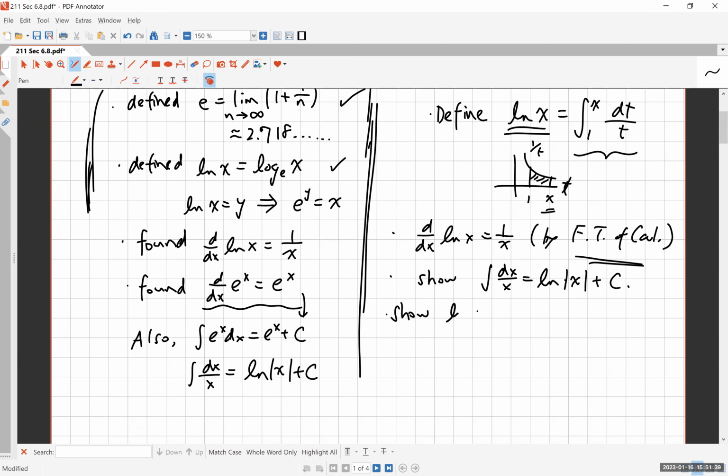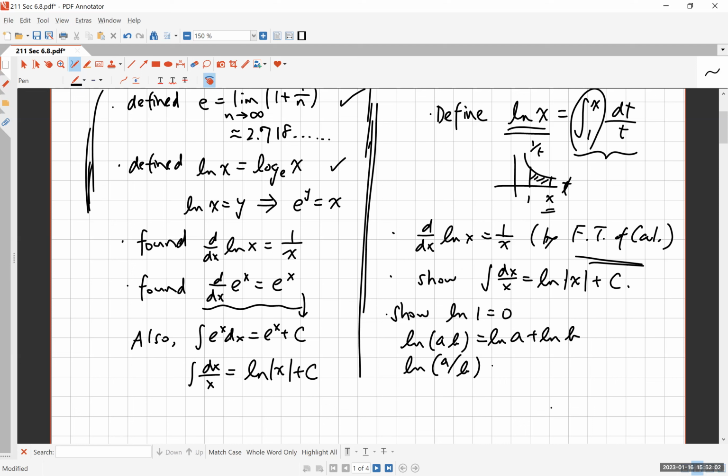Then they show that Ln 1 is equal to 0. Now that's easy because you just get the area from 1 to 1. And then they show something like the Ln of AB is Ln of A plus Ln of B. It's not a trivial thing to prove these things, because remember, you don't know that this is any kind of a logarithm.